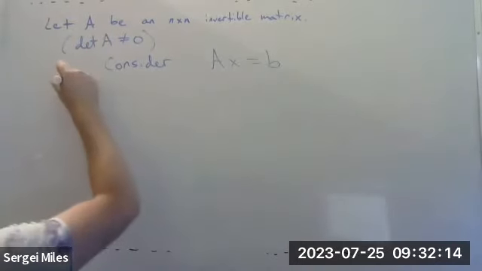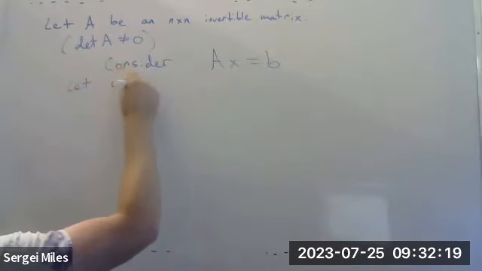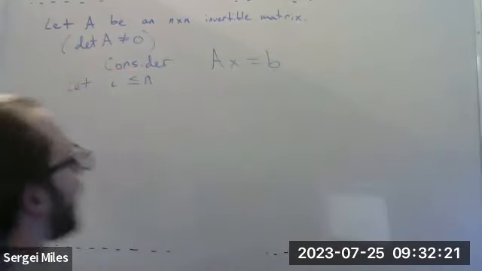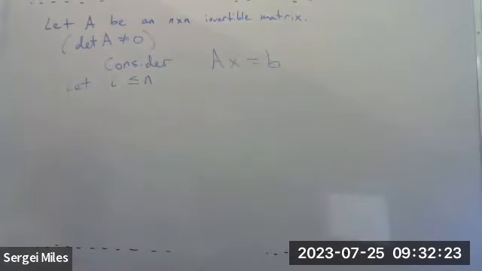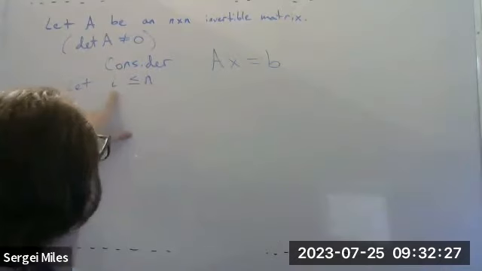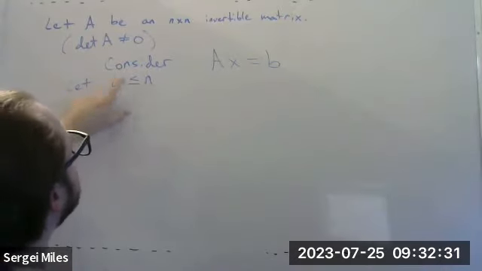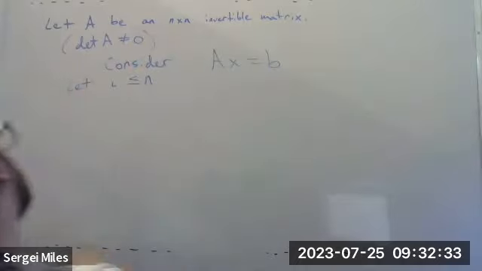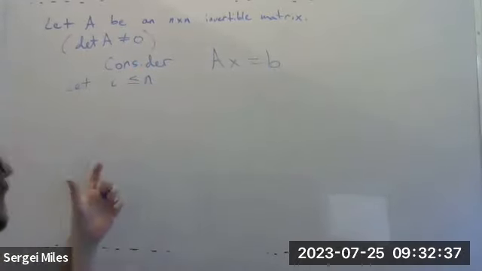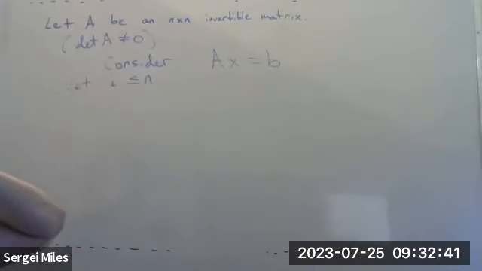So let i be less than or equal to n. Why is that so important? Well, we're going to be talking about pieces of this matrix A, right?